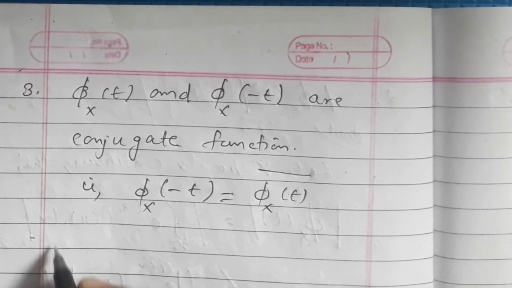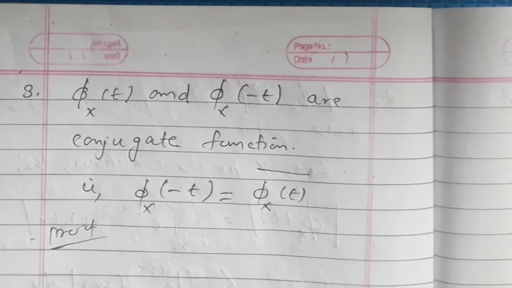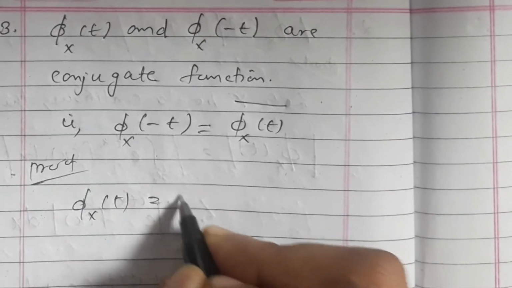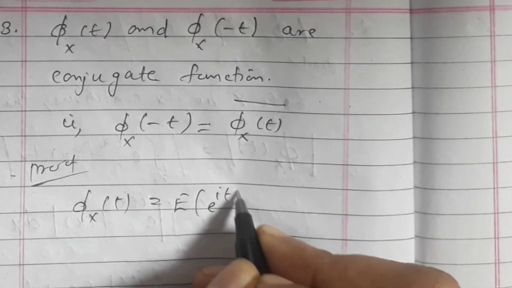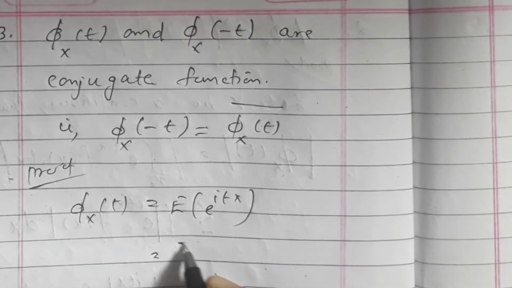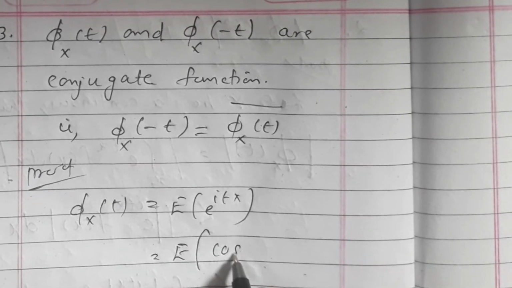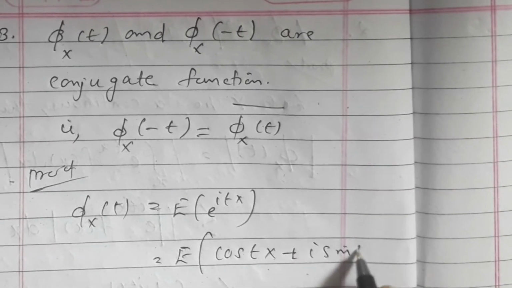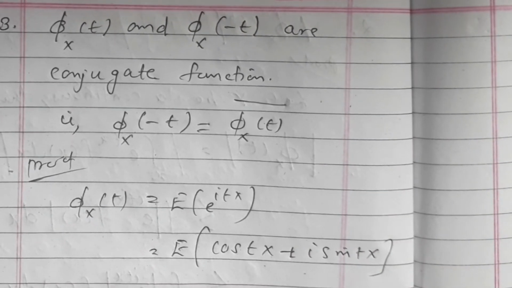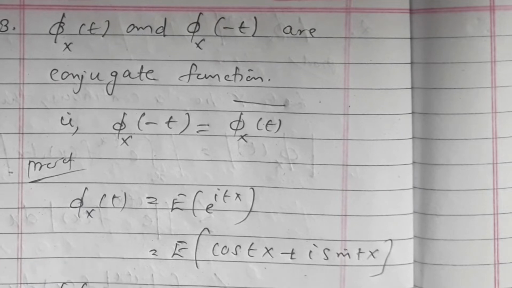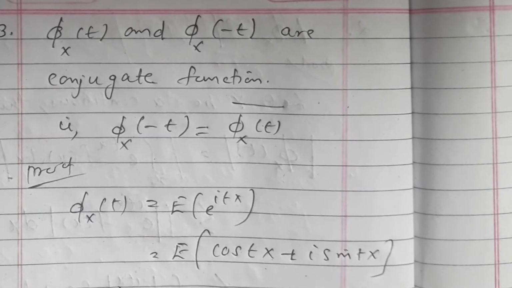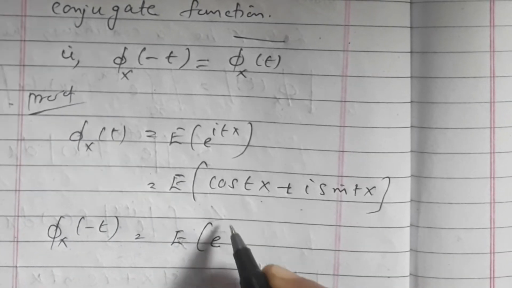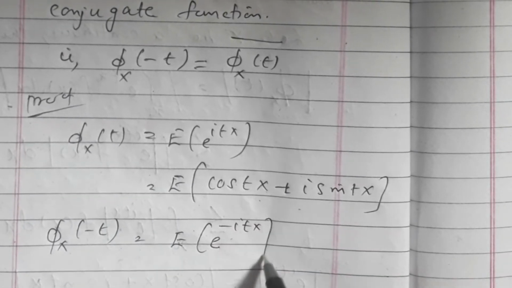Okay, so the proof is: we know that phi x of t is expectation of e raised to i t x, which is expectation of cos t x plus i sin t x, and phi x of minus t is expectation of e raised to minus i t x.